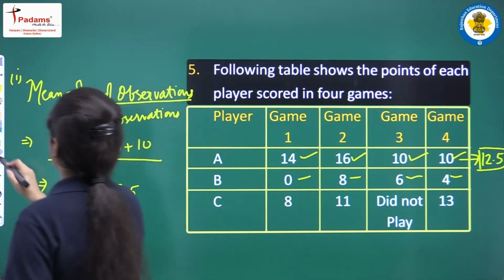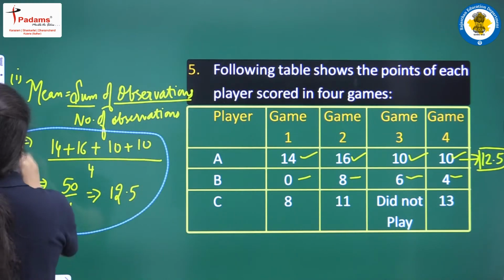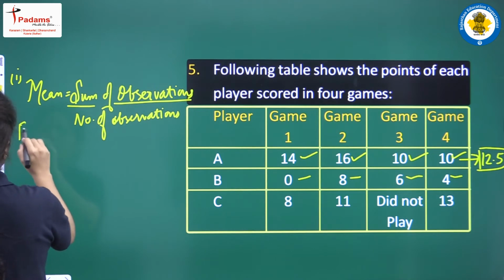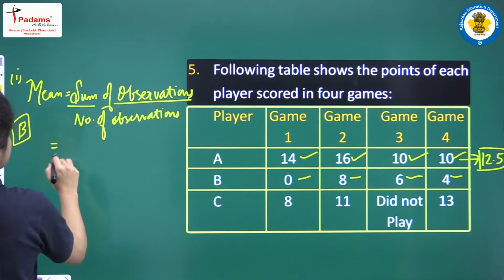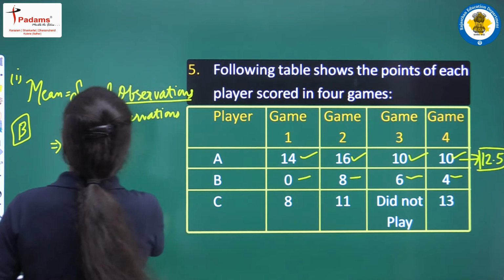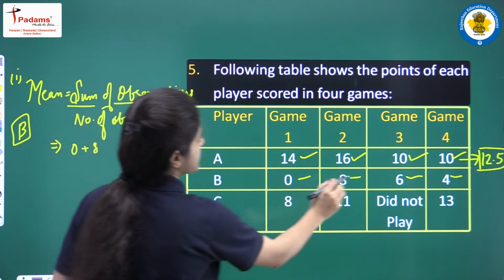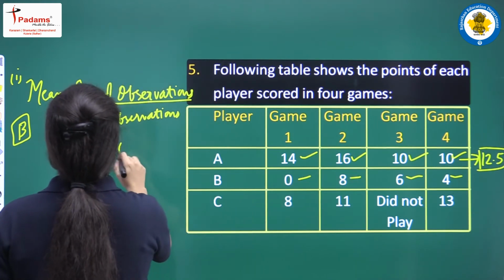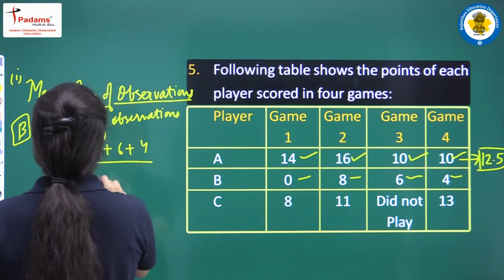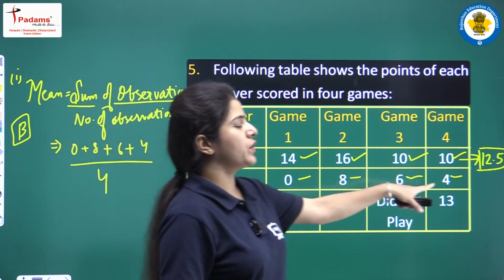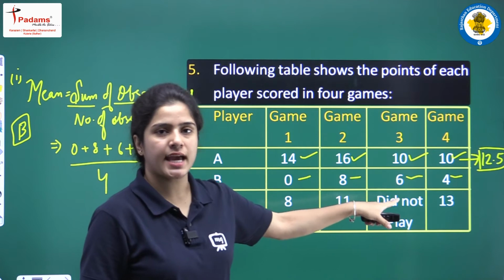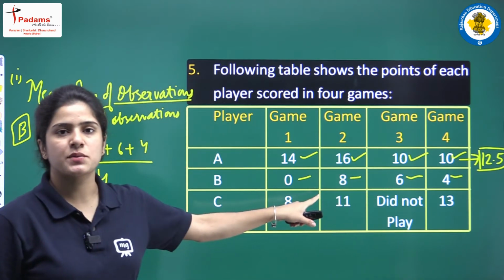So for considering the mean of player B, the sum of observations is 0 plus 8 plus 6 plus 4 upon 4, okay, 1, 2, 3 and 4. 6 plus 4 is equal to 10 and 10 plus 8 is equal to 18.